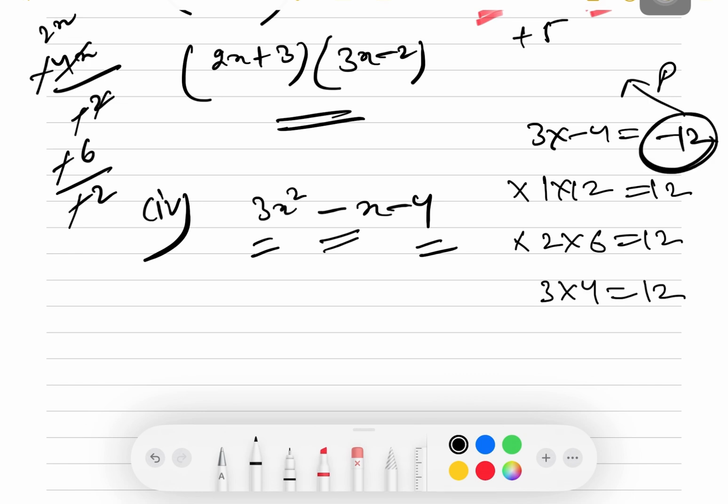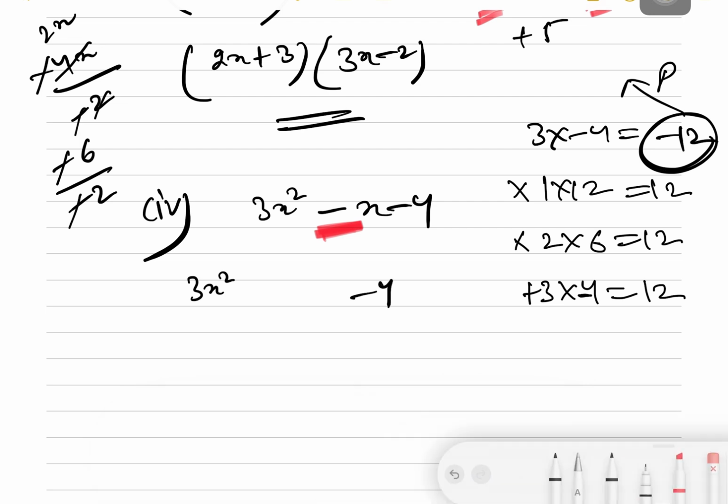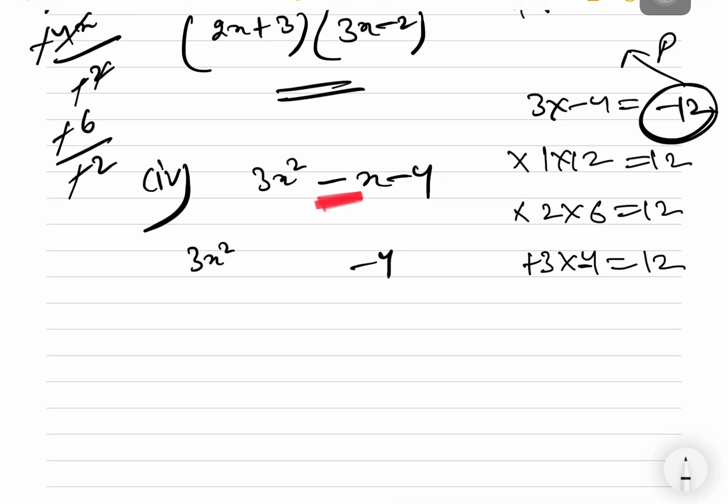Now look for the signs. Since the product is negative 12, one number should be negative, and the middle term is minus x, this one is minus, that means the bigger number will be minus. So 4 will be negative and 3 will be positive. So we will write this term like that. First term copy as it is, last term copy as it is.